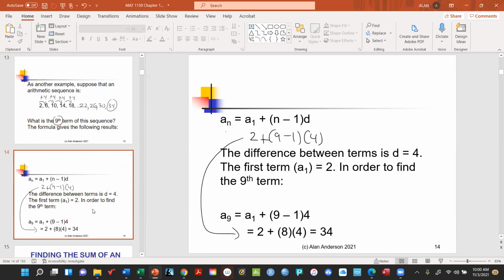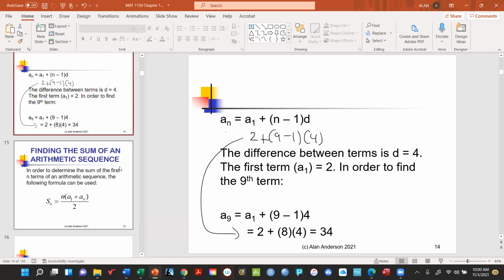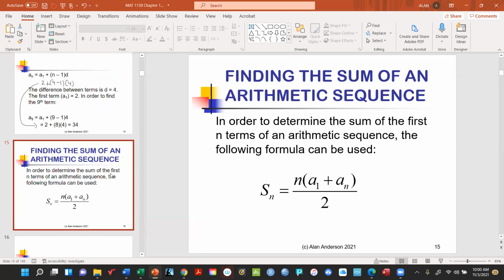Now, sometimes, though, this is not really what we're interested in. We may be more interested in adding up the terms of a sequence, or the first so many terms of a sequence. So here's a formula that we can use to do this.